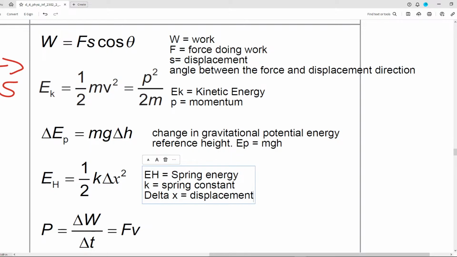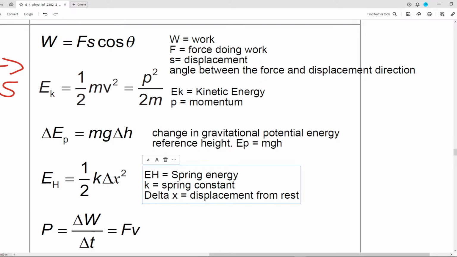However, this is displacement from equilibrium. Once again, this delta x here is how much it has moved from where it normally is, so you have to account for the fact that it's a change in position that gives this energy.